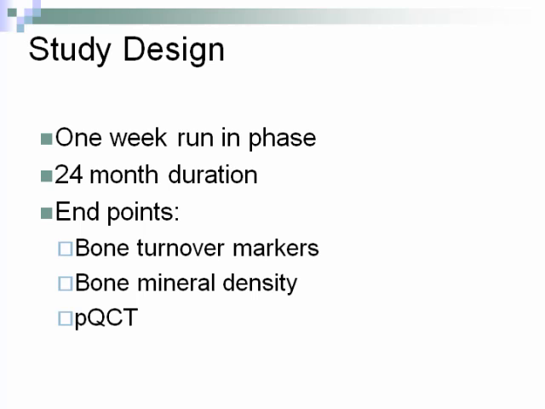In that 1-week run-in phase, everyone got the nitroglycerin ointment and they applied it every night for a week. Those who did not get headache were then randomized to either a placebo ointment or an active. The study was 24 months in duration, and we measured, as I've told you, bone mineral density, bone turnover markers, and PCCT.